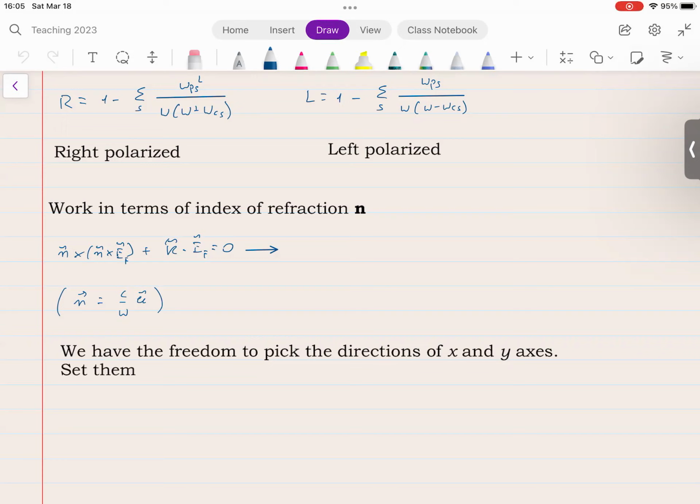And what we're going to do is set the axes so that, let me do it this way, n_y is equal to 0.